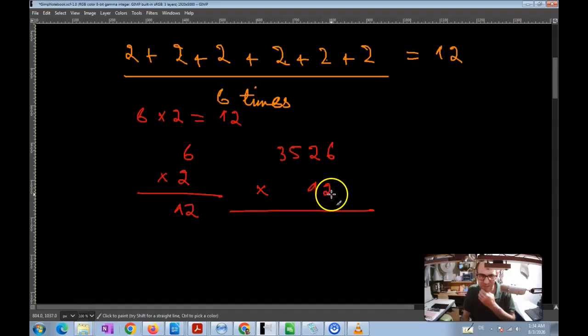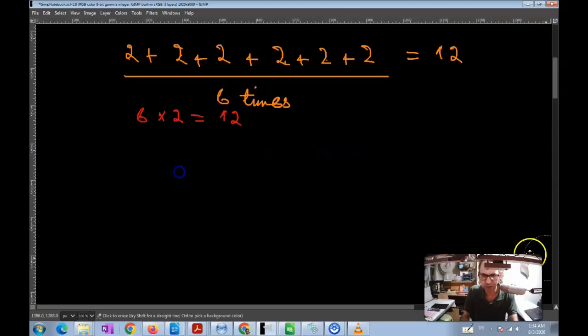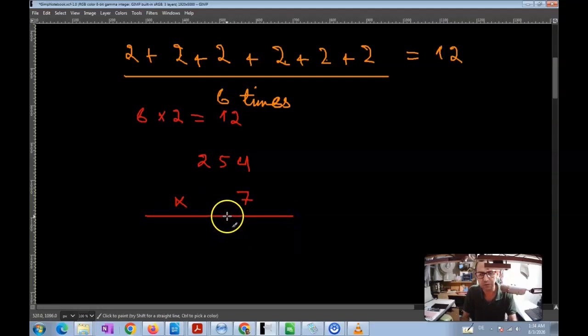So let's start from a simpler case. Let's say that I want to calculate 254 times 7. I want to do basically this calculation. So how do I do it?